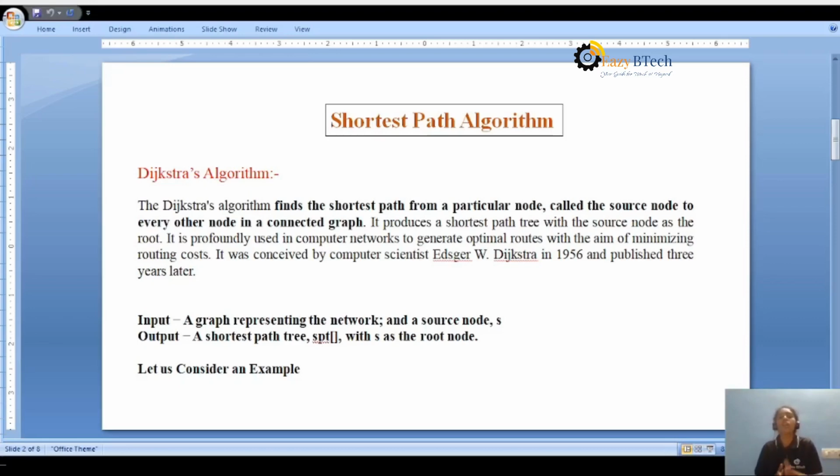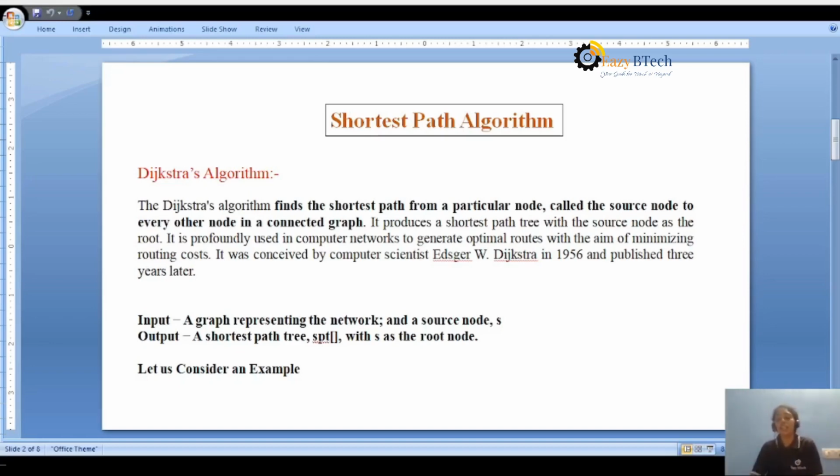We have to know what the input and output are. The input of Dijkstra's algorithm is a graph representing the network, along with the source node. The output is the shortest path tree, the shortest path from the source node to the destination node.